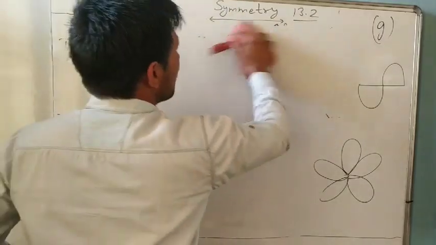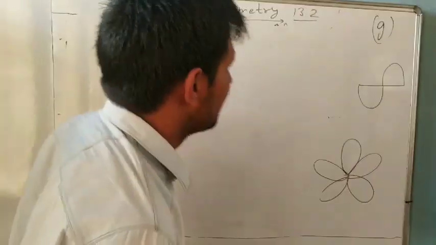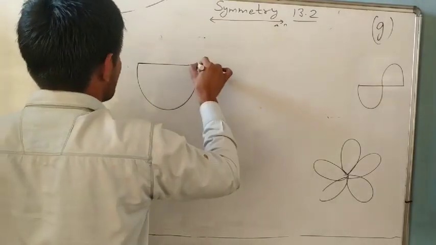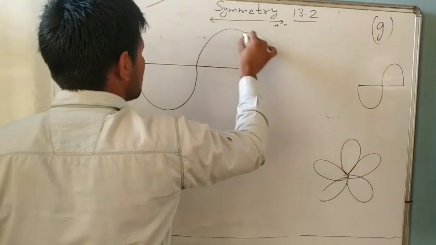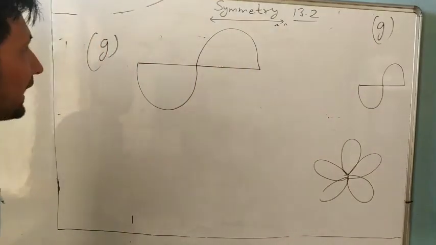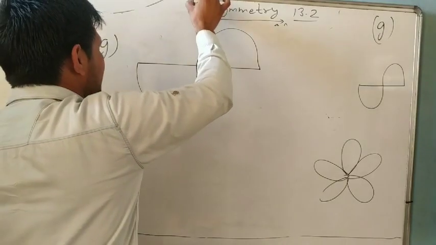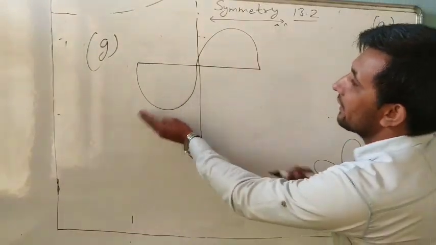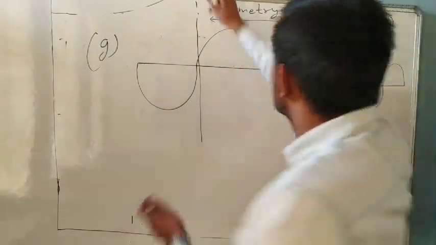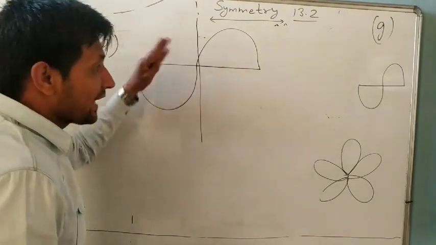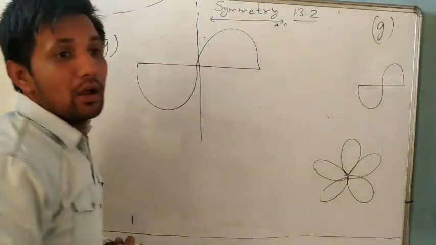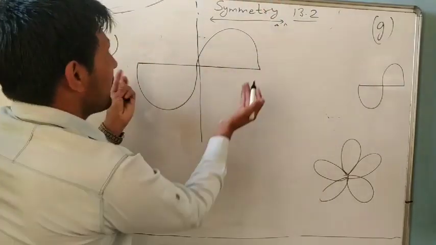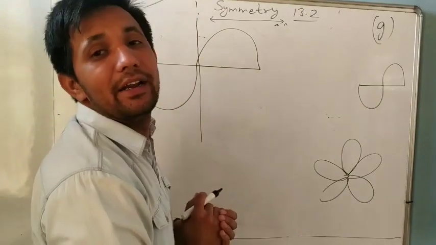Next, which one? G part. In G part, any line of symmetry? Yes. If I take a line of symmetry like this one, can you say that left side and right side are equal? No, it is not a line of symmetry, because the left side is downside and the upside is, and on the right side it is upside, and when we fold it, they will not be identical.